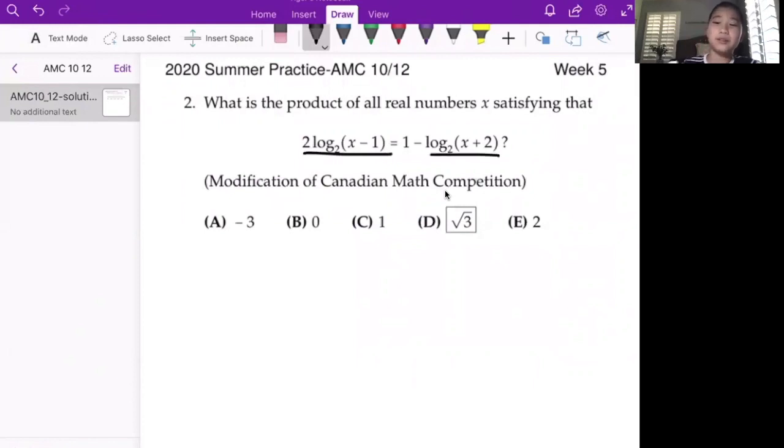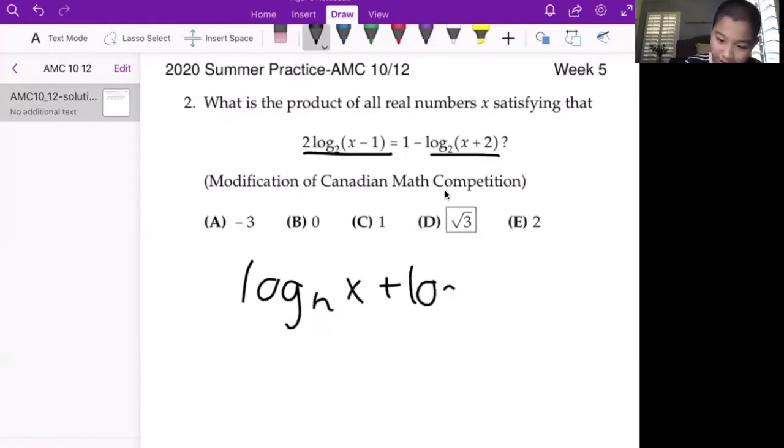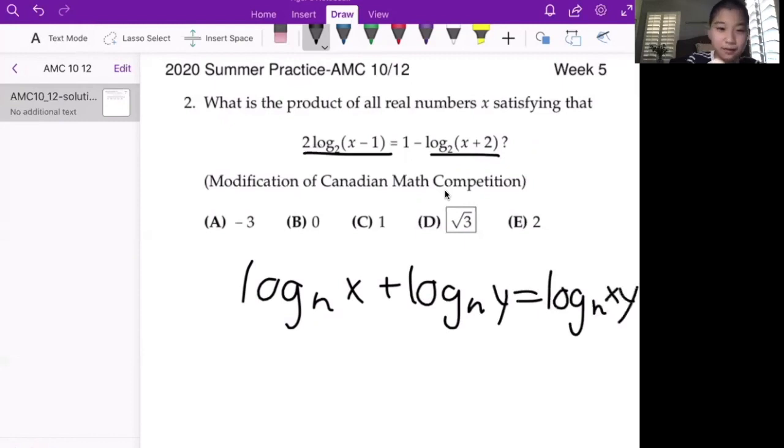So what you can do is use a great logarithm property: log base n of x plus log base n of y equals log base n of xy.